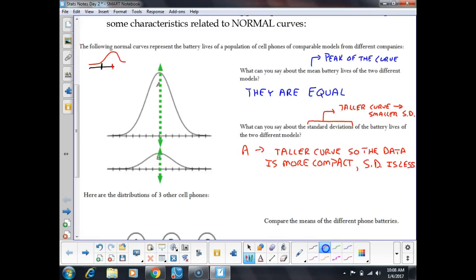B would be just the opposite. B has a short curve, which means spread data, which means a larger standard deviation.